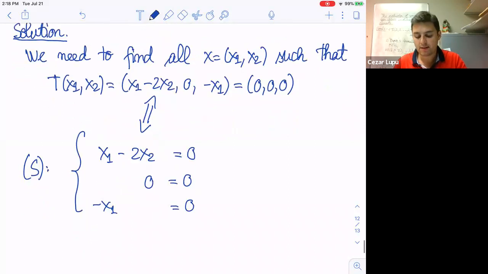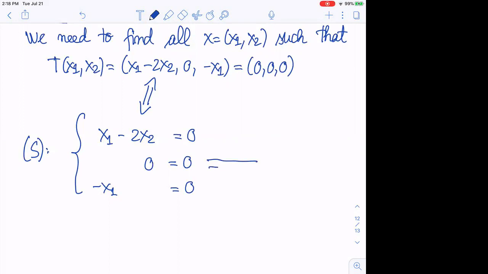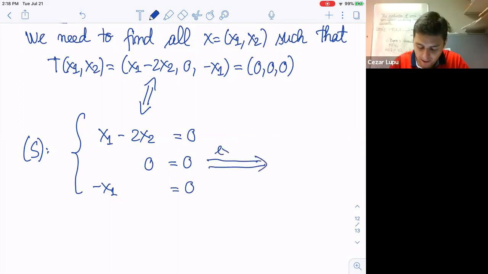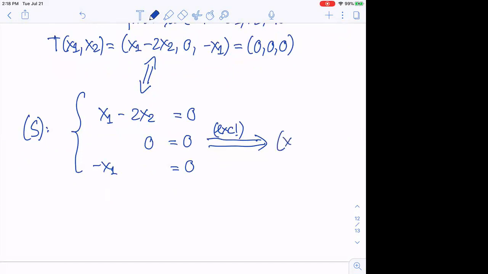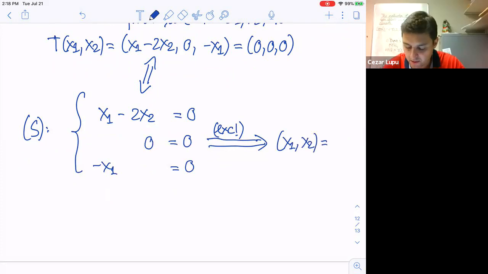Well, it's quite easy when you solve this system, and I'll leave it to you as an exercise, but I think it's evident by now. From the third equation, it follows that x1 is 0, then you can plug it into the first equation. So you'll have a unique solution, and the second equation is redundant. The unique solution is given by x1, x2 equals 0, 0.